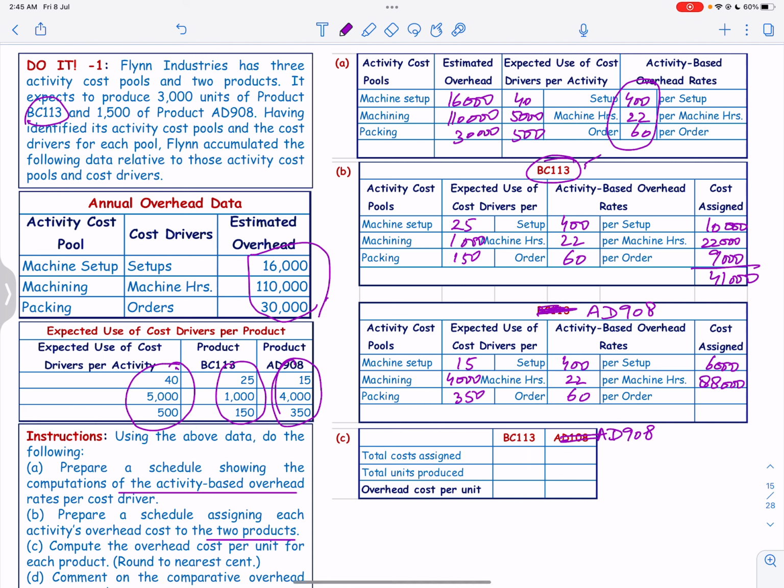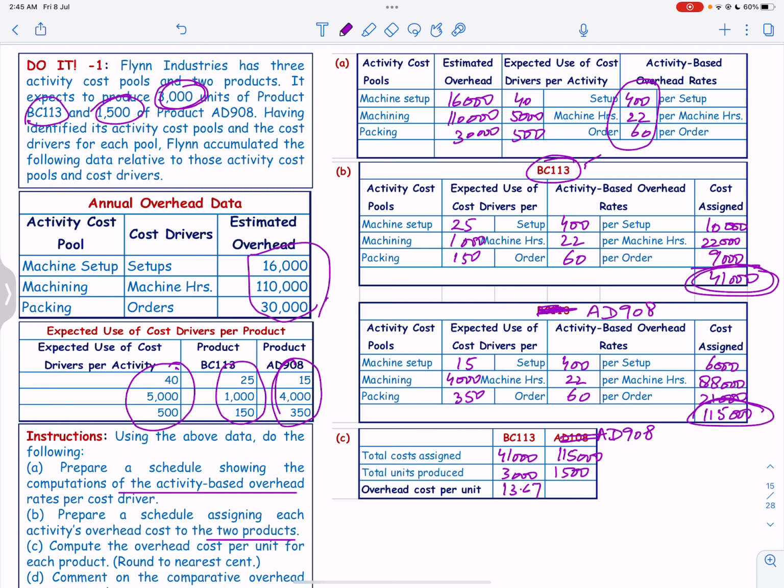So the total is 115,000. So the total cost assigned for BC113 is 41,000 and for AD908 is 115,000, and total units produced are 3,000 and 1,500 respectively. So we have 3,000 and 1,500. So this is 13.67 and this is 76.67.